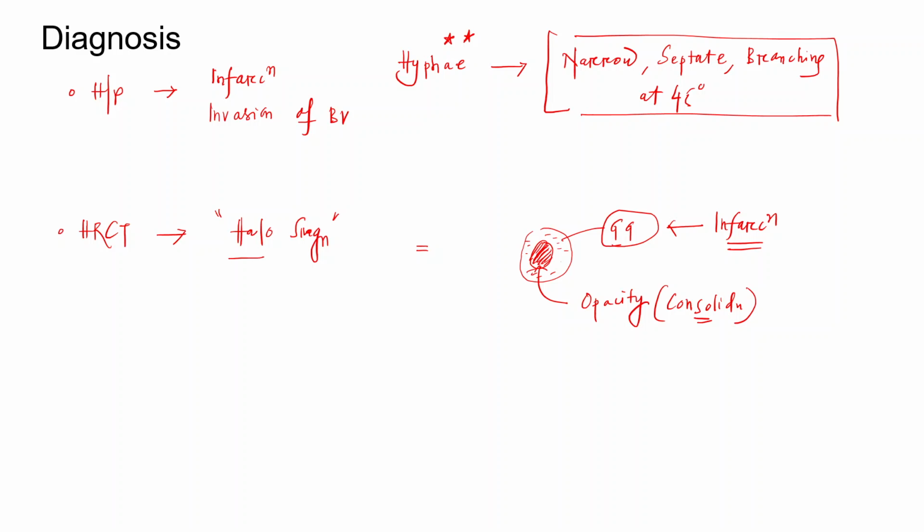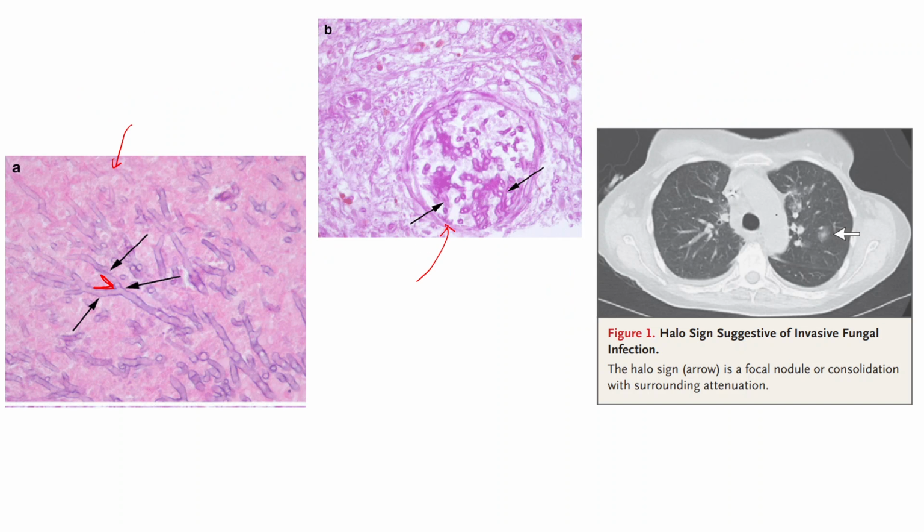This is known as the halo sign. This is a feature of angioinvasiveness of Aspergillus. In this image, you can see in the center a hyperdense lesion or nodule, surrounded by ground glassing that is due to the infarction.